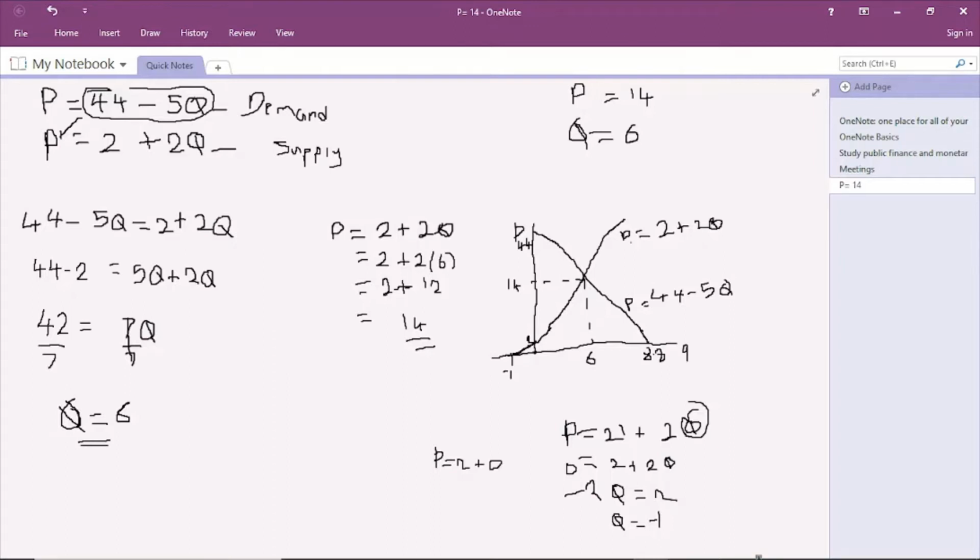Now, just before I end, let me show you how you can solve elasticity. I just wanted to show you this on demand. Suppose with this same question, they ask you now, find the elasticity of demand. Let me clear some space.